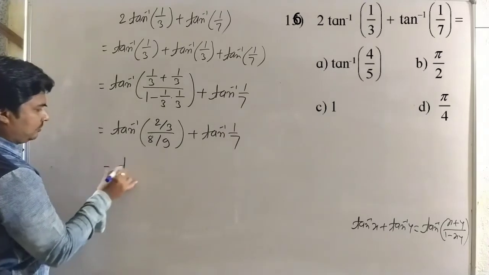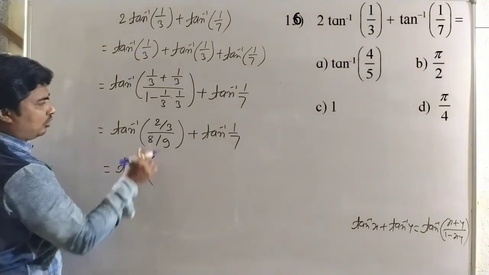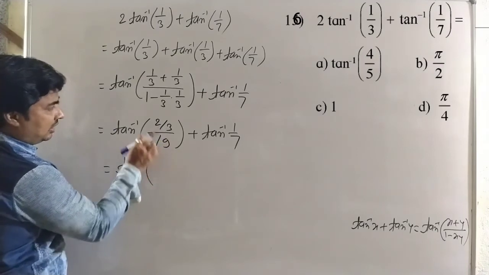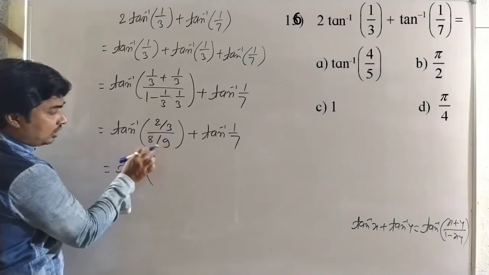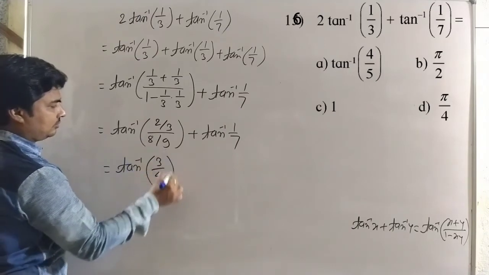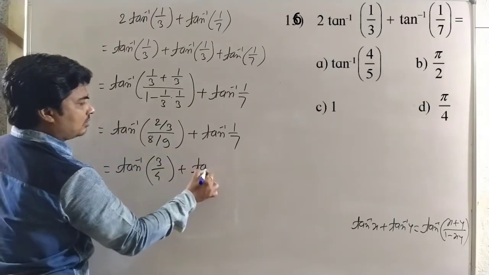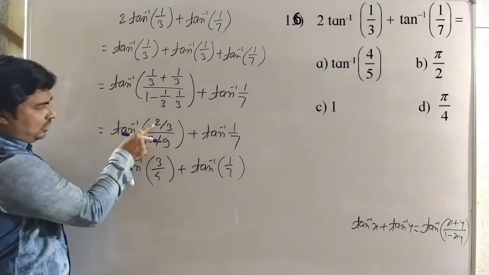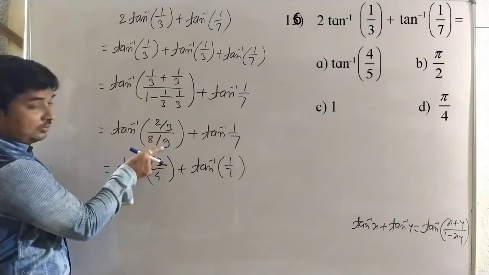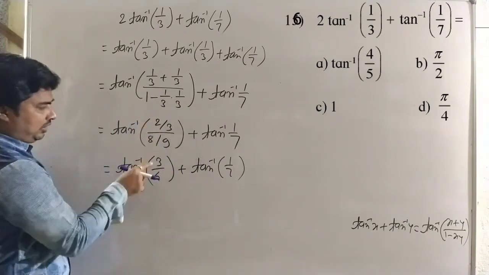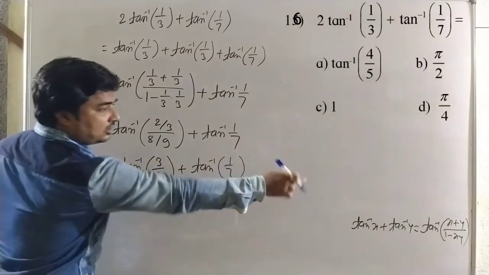Then again, 2 and 8 cancel to give 4, 3 and 9 cancel to give 3, that means 1 upon 4 by 3, then it is 3 by 4, plus tan inverse of 1 by 7. See carefully the calculation. Again we use this formula.